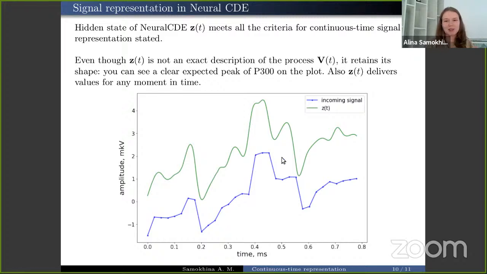We can see the peak here and there. And also it can be obtained at any moment in time. Here we have 100 points of Z for each point of the incoming signal.